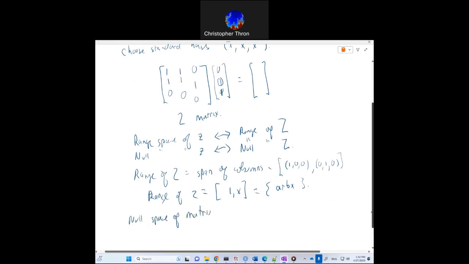Now, to find the null space, you solve the homogeneous equation. You can do that using row reduction. Row reduction will give me R2 minus R1, which gives me 1, 1, 0, and then 0, 0.